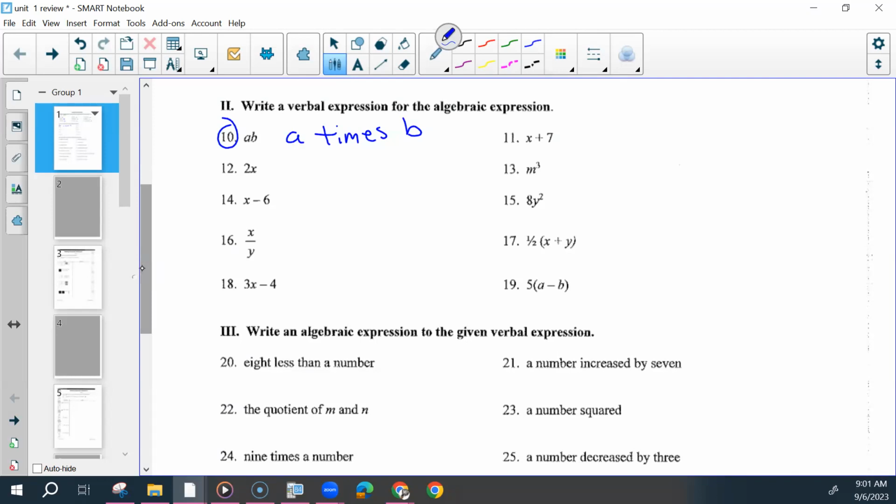There we go. So 1/2 times the sum of, because that means 1/2 is being multiplied to everything that is being added. And then because we have the sum of, we can just say X and Y.